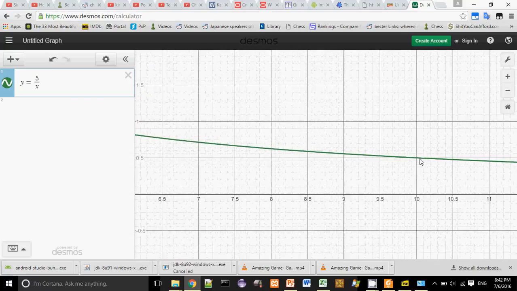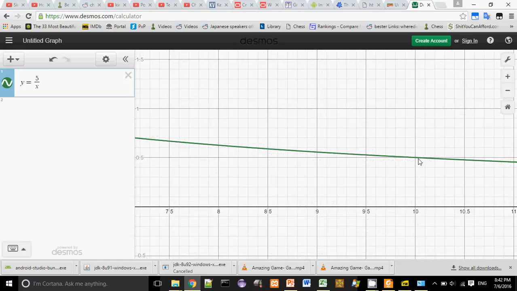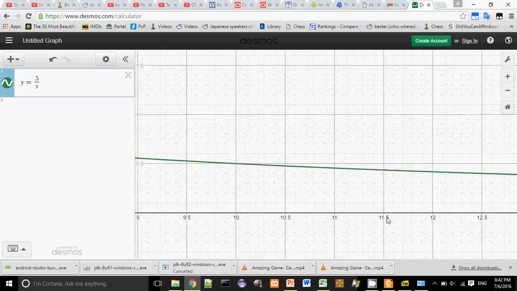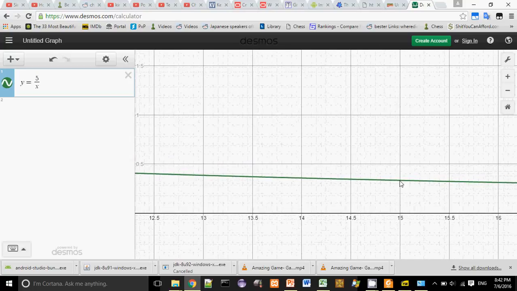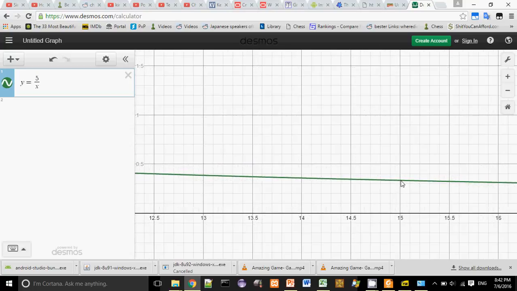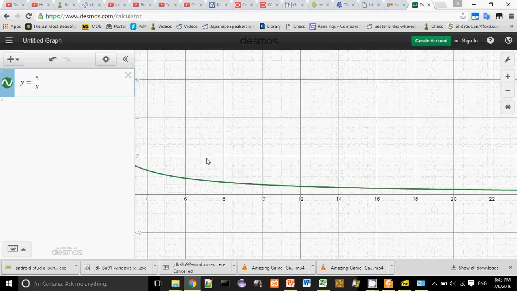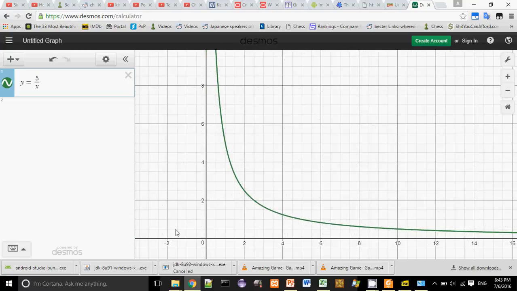The value there is a half. Do you get what I'm saying? If you travel at 15 kilometers per hour, it'll be 0.33 hours or whatever. It just happens with pretty much anything where as this thing increases, the other one decreases.